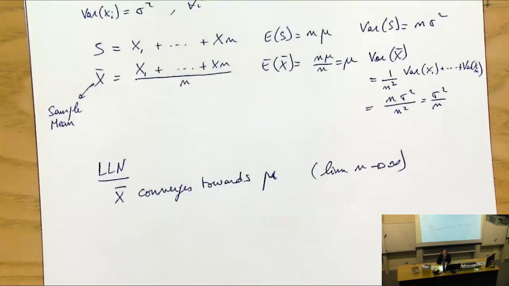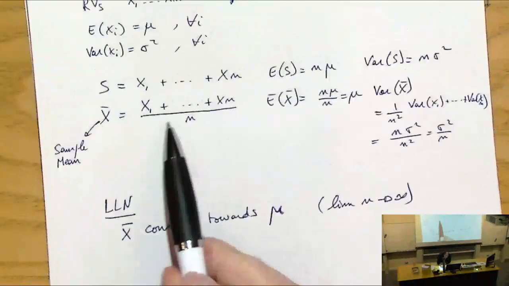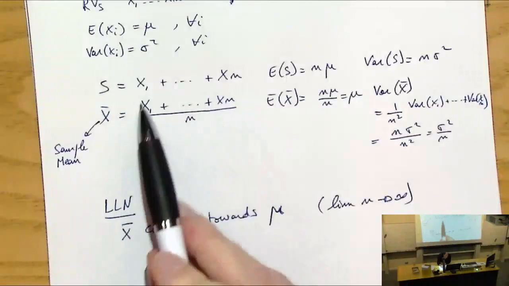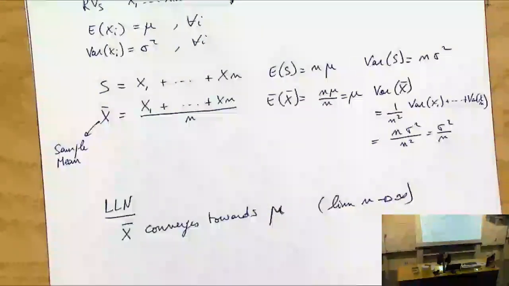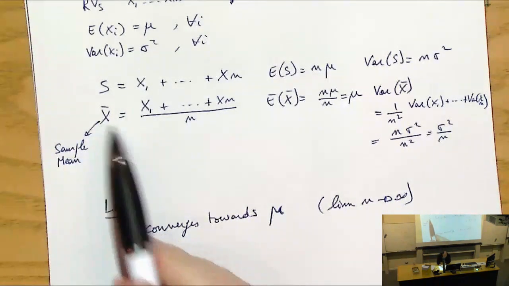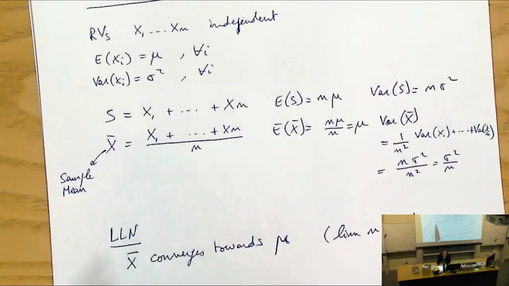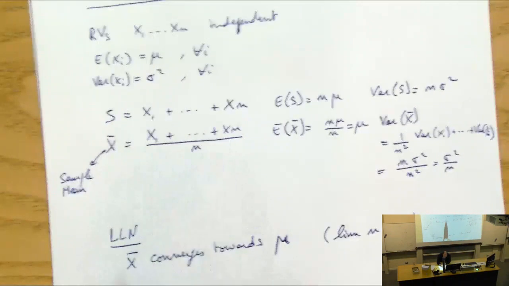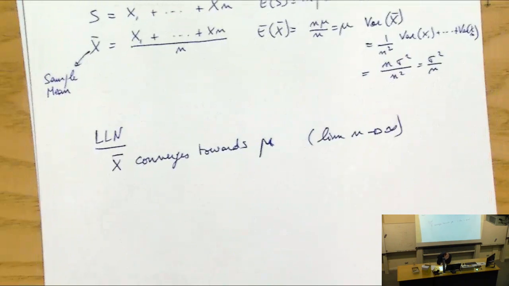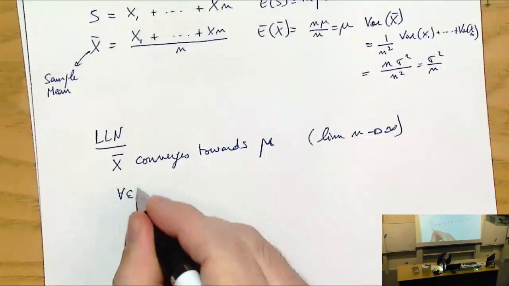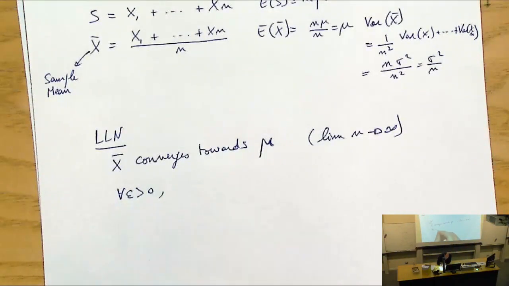So that's what the law of large number tells us. So if you have this quantity here, which is simply a kind of average, you sum n random variables, you divide by n. Well, as n grows, essentially that quantity tends towards the true mean, the true expectation of each of those random variables, which is mu.